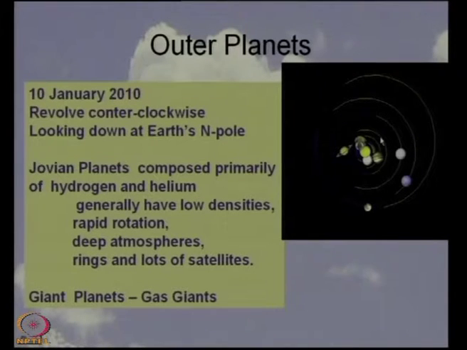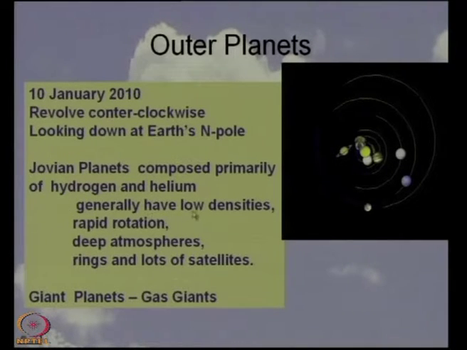These are also referred to as Jovian planets, meaning Jupiter-like planets. These are composed primarily of hydrogen and helium gas, unlike the Earth and the terrestrial planets, which are solid.